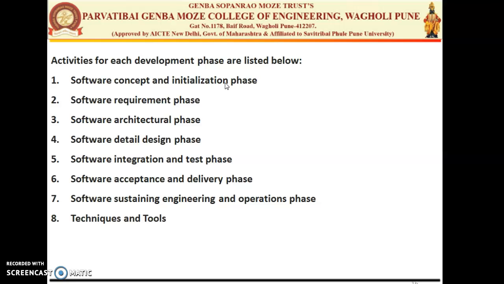It again ensures that the interface control documents are properly in the standards. So these things are assured by the software quality assurance activity in the software architectural phase. The next is software detailed design phase. Now this was the architectural phase, and then detailed design is done under the software detailed design phase.